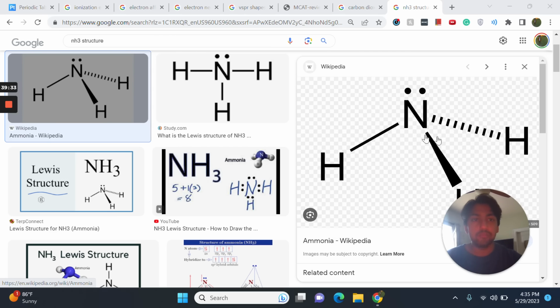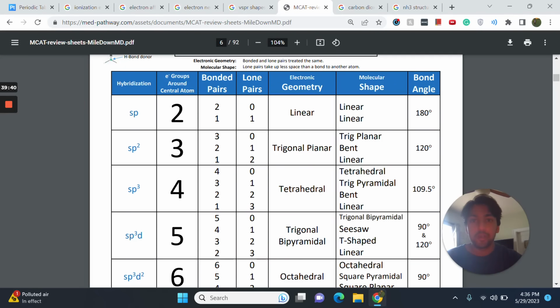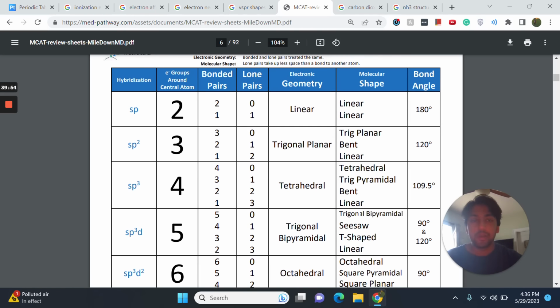So it's going to kind of be like a tetrahedral shape, but since there's a lone pair, it's going to be trigonal pyramidal, right? So you can see there are 3 bonded pairs and 1 lone pair. So the geometry is going to be tetrahedral, and the shape is going to be trigonal pyramidal.